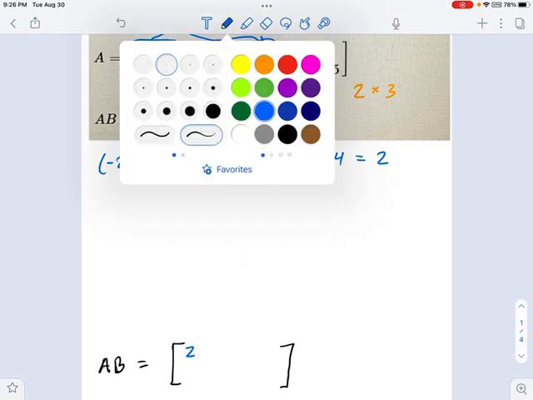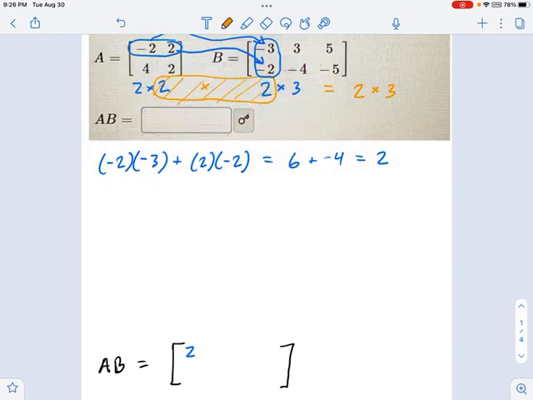Now let's try it for the middle column next. I'm going to take this top row again, and now I'm going to multiply it by the middle column. Same idea as before. -2 times 3 plus +2 times -4. Okay, -2 times 3 is -6. 2 times -4 is -8. So this one is kind of big, -14.